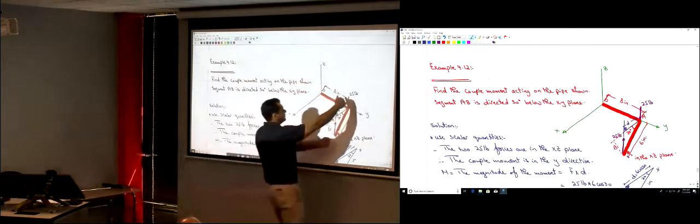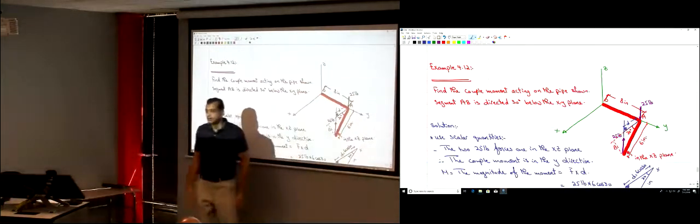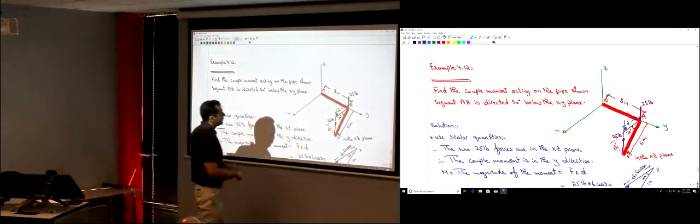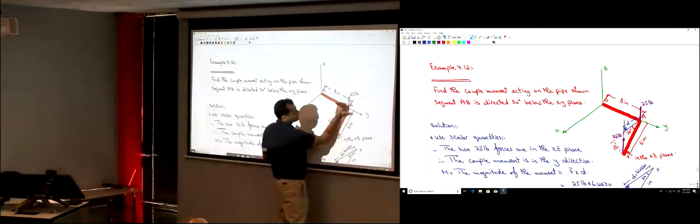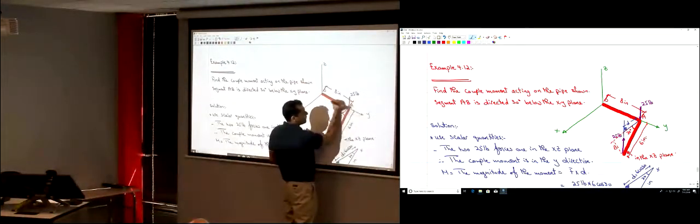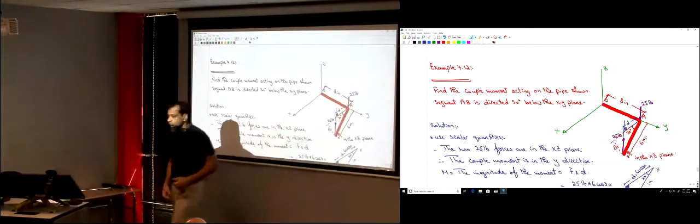This moment, it's rotating this way. Okay? Is it positive or negative? Again, the right hand rule. This is the positive direction of the y-axis. So just put the thumb along the positive direction of the y-axis. The rest of the fingers will show you the positive direction of the moment.